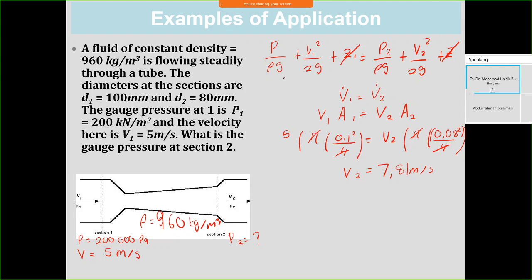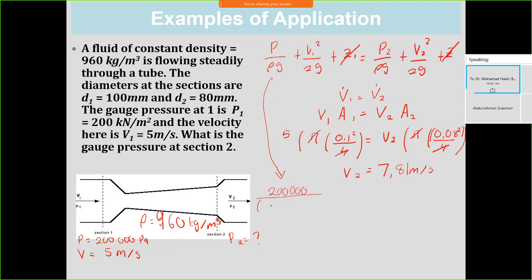Now you have almost everything you need here. From the Bernoulli equation, P1 equal to 200,000. Make sure for every equation, use SI. SI for pressure is Pascal, so make sure you use 200,000 Pascal, not 200 kilopascal.